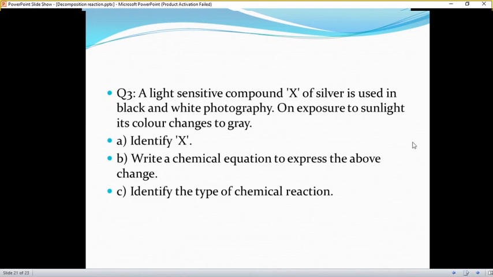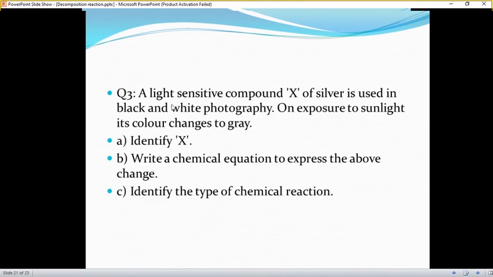On exposure to sunlight, its color changes to gray. Gray color is that of silver. So that compound, silver chloride or silver bromide, is changing into silver. We have to first identify X, then write a chemical equation and identify the type of chemical reaction.